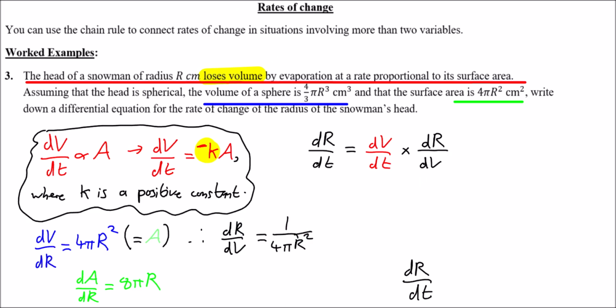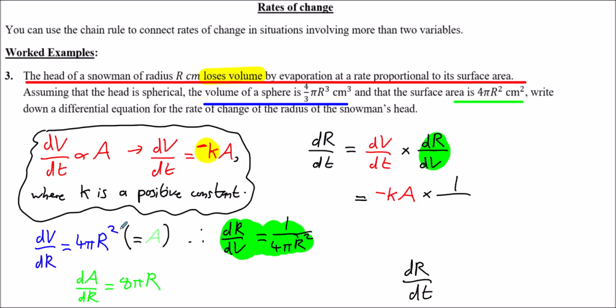So if we just infill that piece of information now, that dr by dv is 1 over 4 pi capital R squared, then dv by dt I can say now is minus ka times dr by dv, which is obviously 1 over 4 pi R squared.